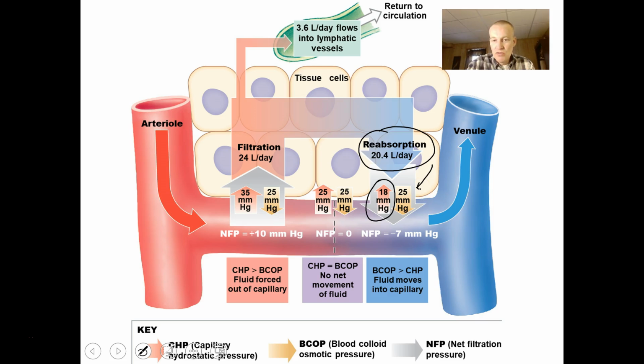So when we do the little net filtration calculation, we see that there's a negative number there. That means there's greater pressure going this way than there is pressure going this way. And that basically is going to indicate that reabsorption is going to occur so that some of the interstitial fluid will come back into the blood supply.